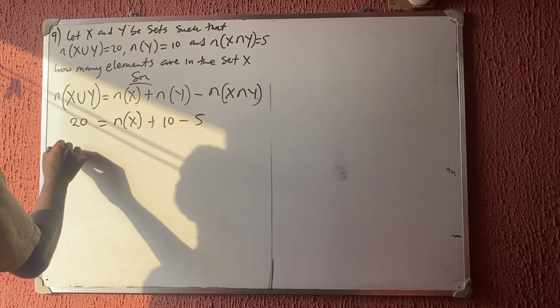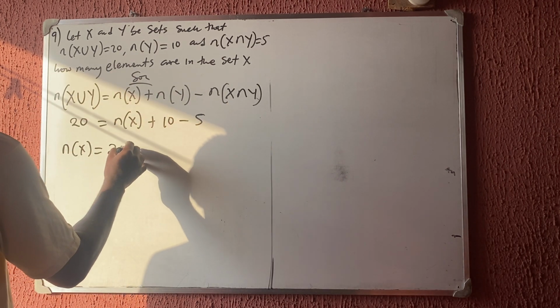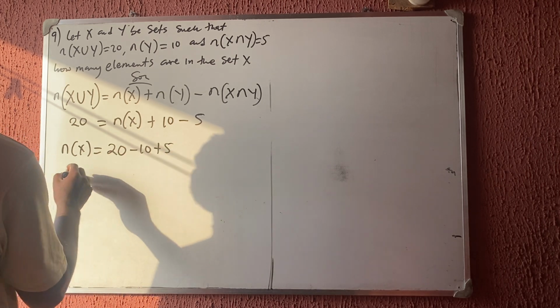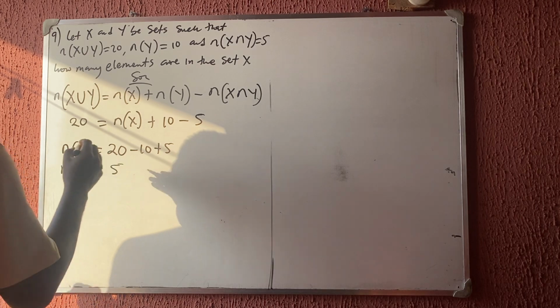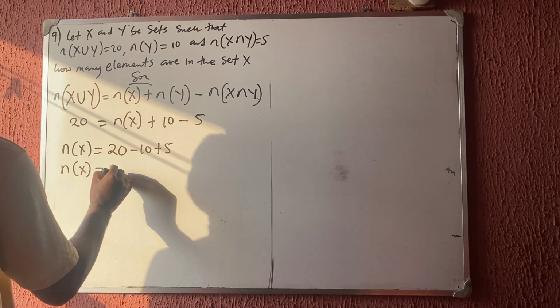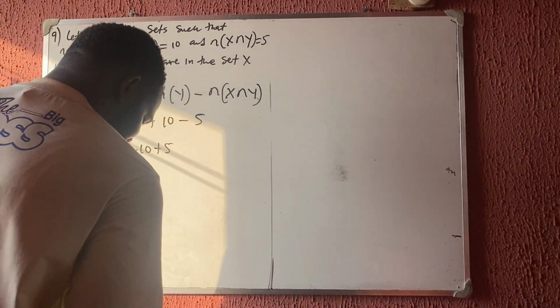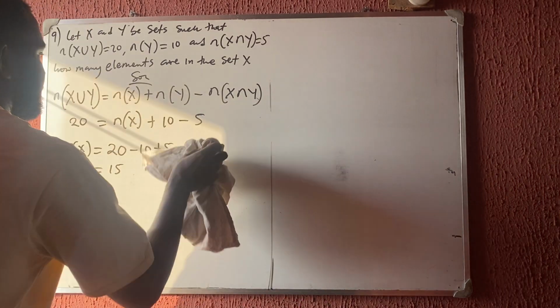So collect like terms to see that n of x is equal to 20 minus 10 plus 5. Sorry, 25 minus 10 is 15. So that is that. We'll move to question number 10.